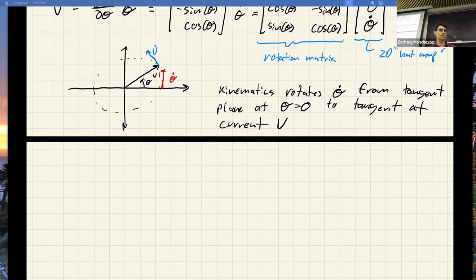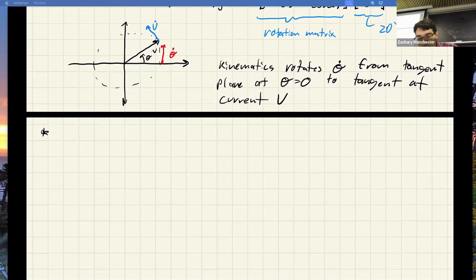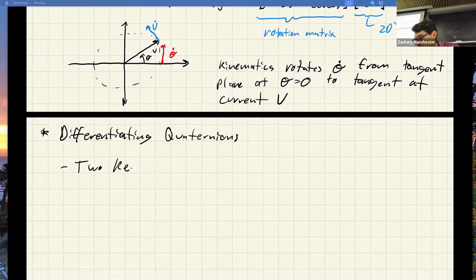Okay. Now we're going to talk about differentiating quaternions. There are two key things to keep in your head while we do this.